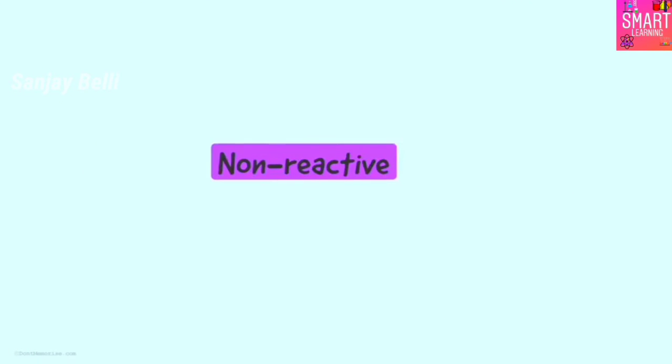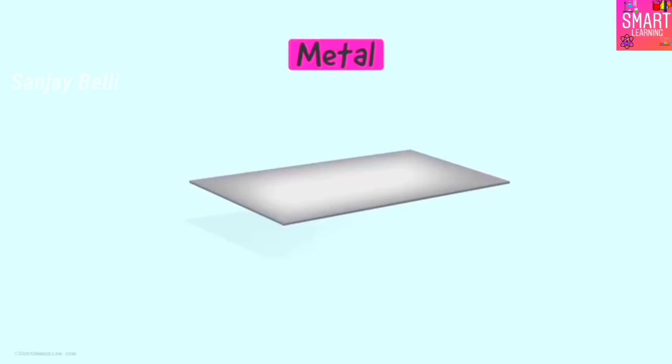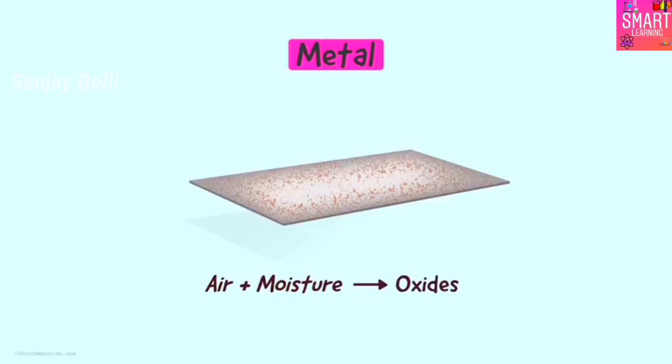We know that metals usually get corroded or rusted easily. What does it mean? It means that in the presence of air and moisture, metals have a tendency to get physically degraded or to form oxides.